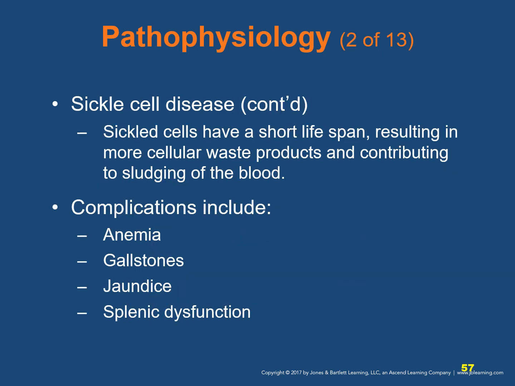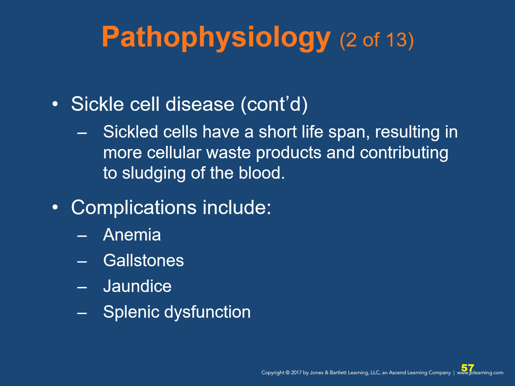Sickled cells have a short lifespan, resulting in more cellular waste products in the bloodstream and contributing to sludging, or clumping, of the blood. Maintaining hydration is important, as insufficient hydration leads to increased clumping.